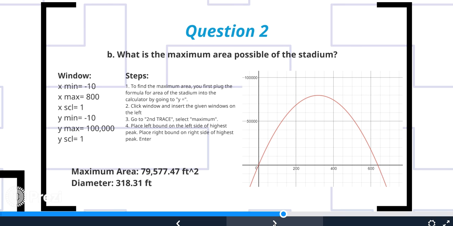Then scroll to the right side of the maximum peak of the parabola and hit enter again. Hit enter one more time and it will give you an x and y coordinate of the maximum point of the parabola. The y coordinate represents the maximum area, which is 79,577.47 feet squared, and the diameter is the x, which is 318.31 feet. So that is the answer to question 2.